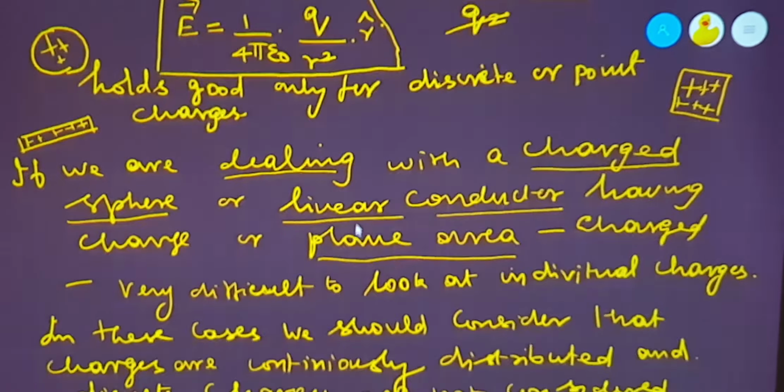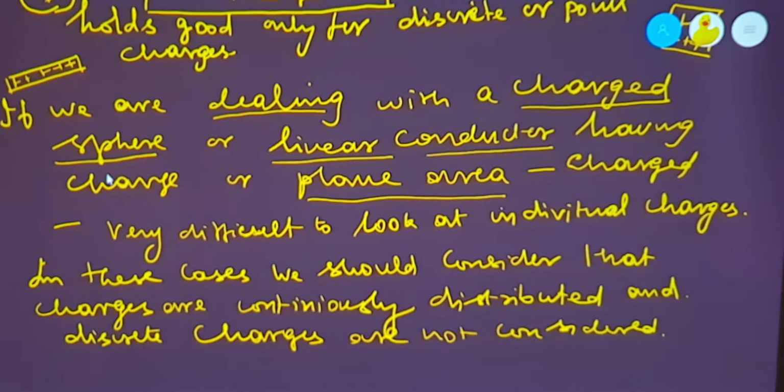If we are dealing with a charged sphere, a linear conductor or a charged plane area, then it is very difficult for us to look at the individual or discrete charges.